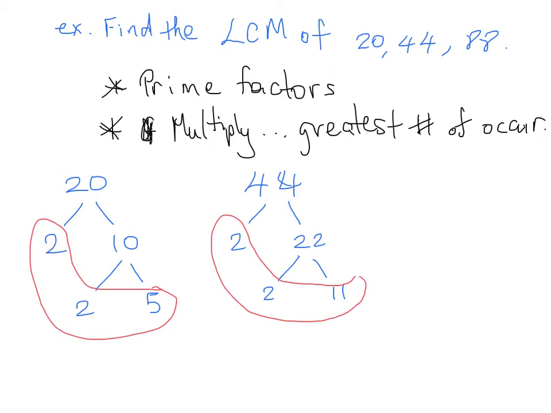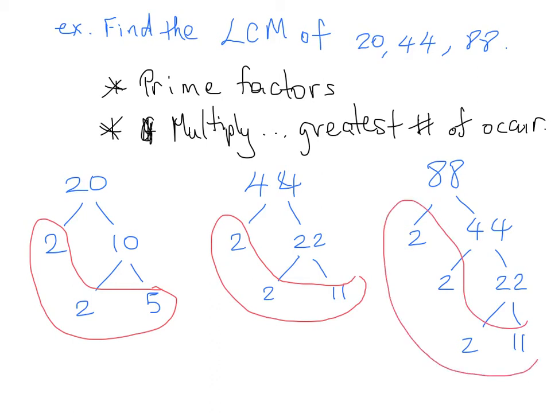All right, time to do 88. So 88, the smallest number other than 1 is 2, which matches up with 44. We already did the 44 over here, so now we're just going to repeat those. We have 2 and 22, and we have 2 and 11. So the prime factors of 88 are 2 times 2 times 2 times 11.